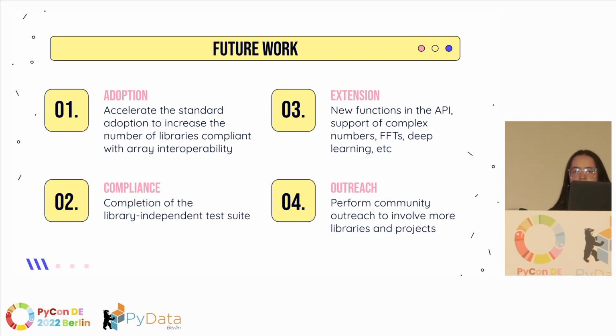The idea is to increase the libraries that are complying with this, and this will not just enable the base libraries of the arrays to be compliant, but also all the tools that are using those libraries to be interoperable with each other. That will be really cool if you have, for instance, a plotting library, and it could receive multiple types of arrays, and it will not matter if it's a NumPy array or a Dask array, and everything will work.